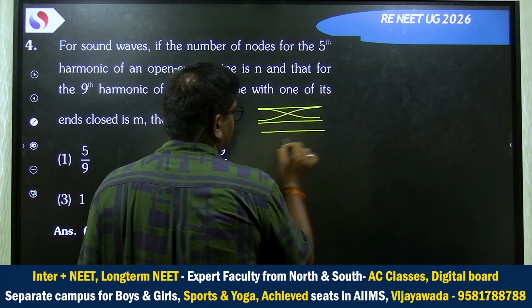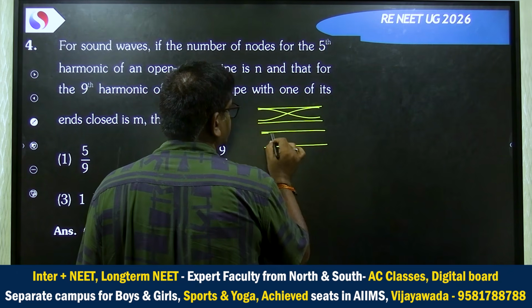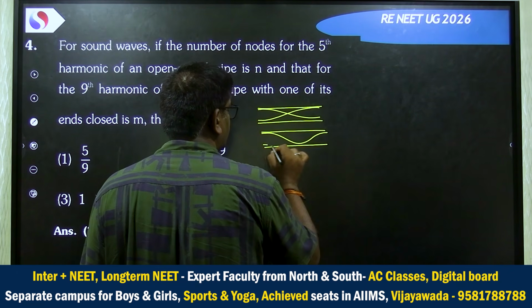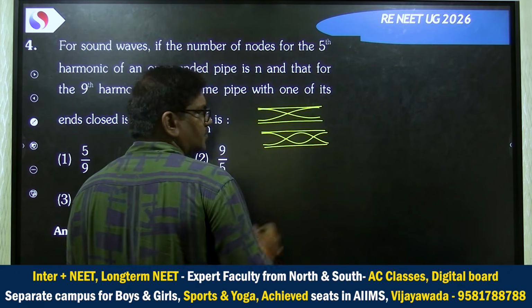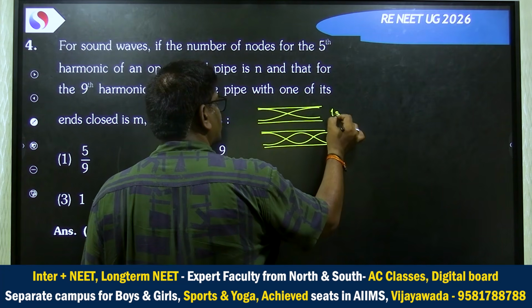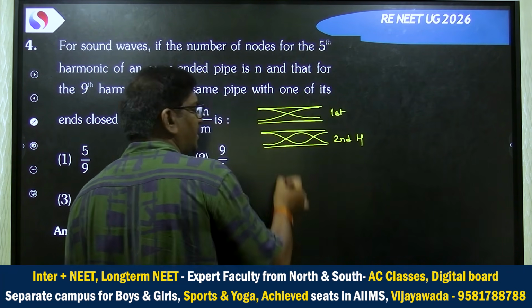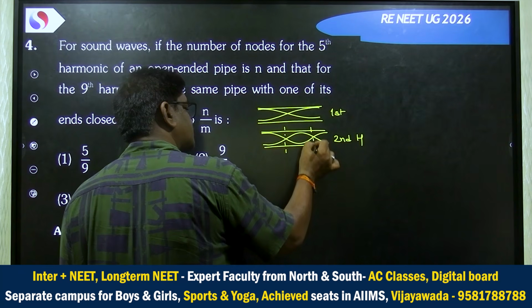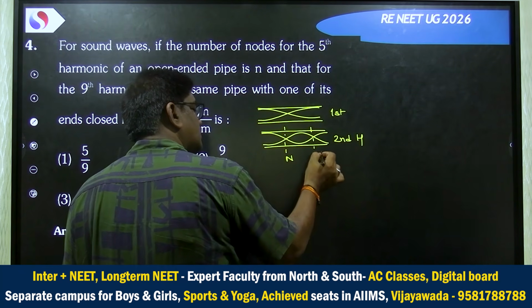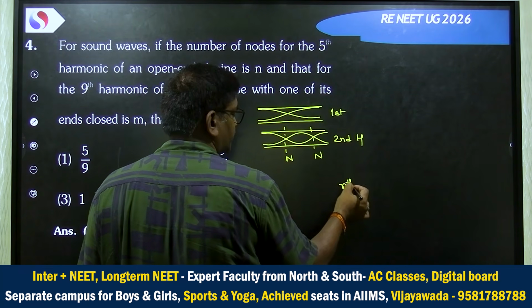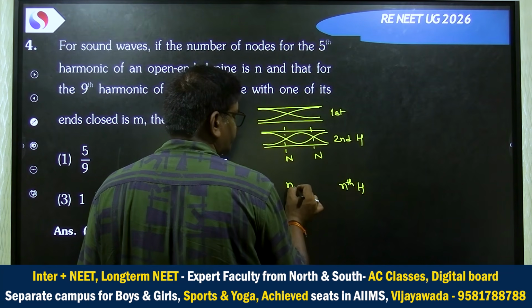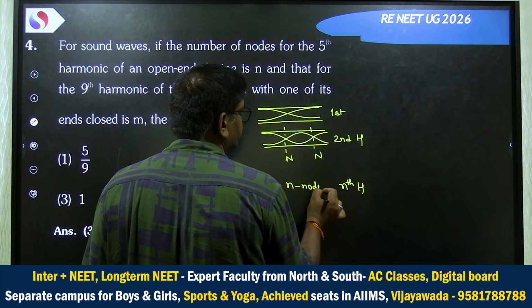If it is the first overtone or second harmonic, it will be like this. So you can clearly say that this is the first harmonic, which is fundamental, and this is the second harmonic, in which you will find 2 nodes. That means in the nth harmonic, there will be n nodes.